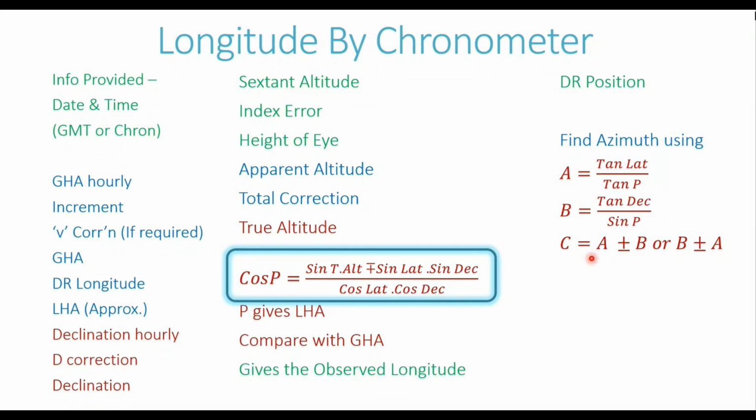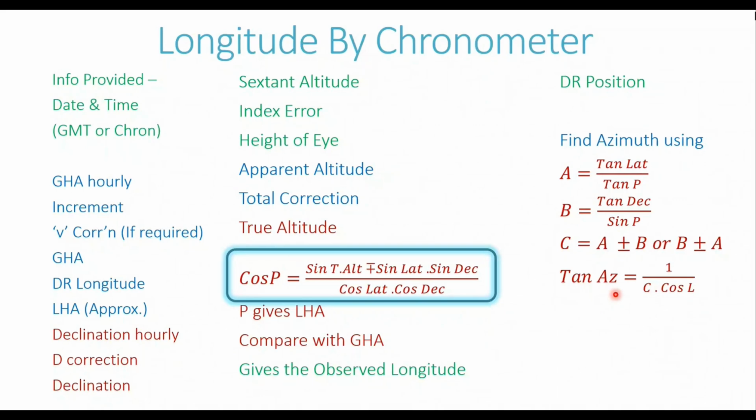If they are of opposite names, the smaller value is subtracted from the bigger value and the name of the bigger one is retained for C. Once C is obtained, we put it into the formula tan azimuth equals 1 by C into cos of latitude. We have the value of C from A and B, and the latitude which is given in the question. Using these two, we obtain the azimuth of the body.